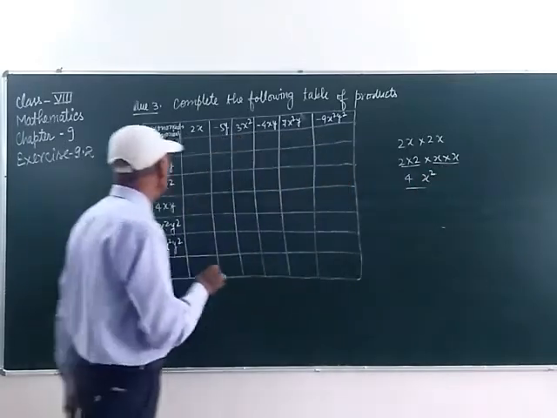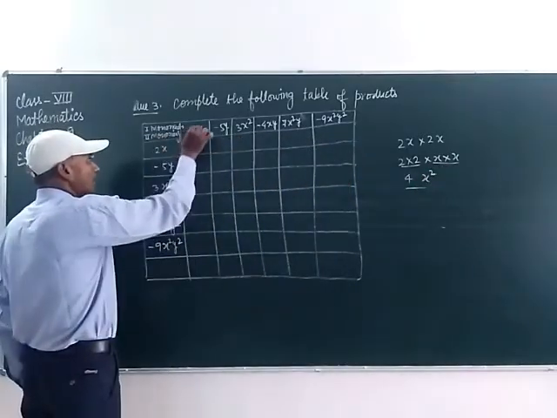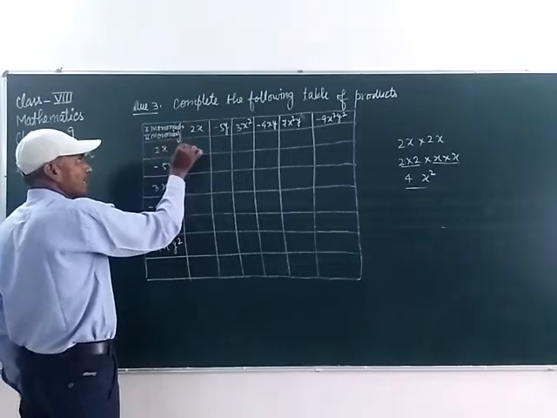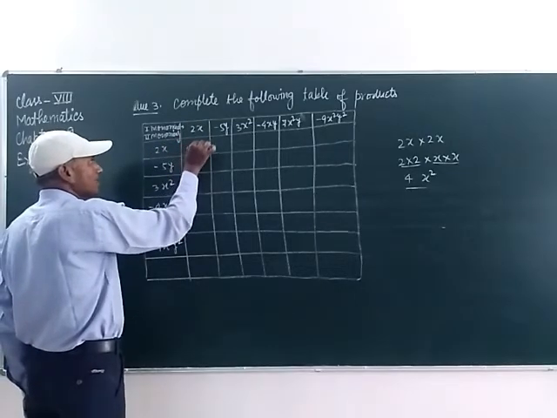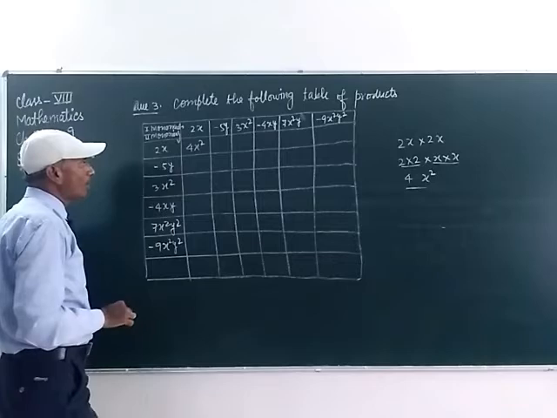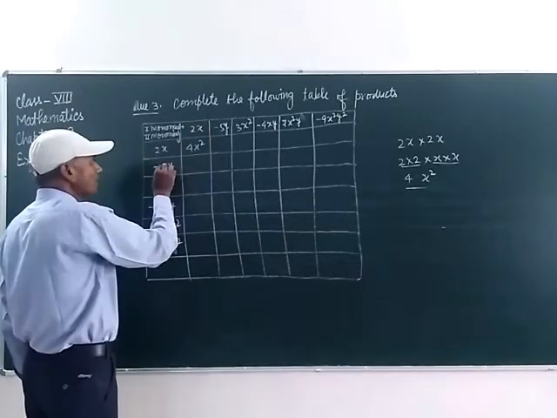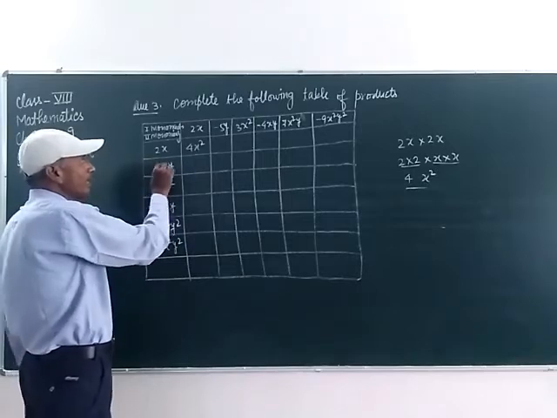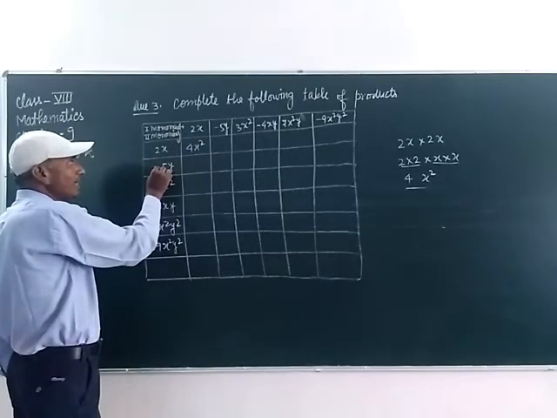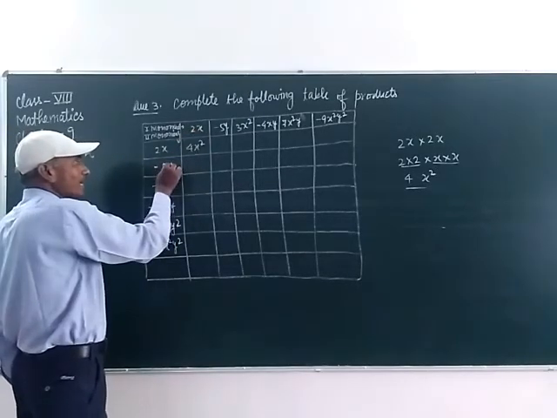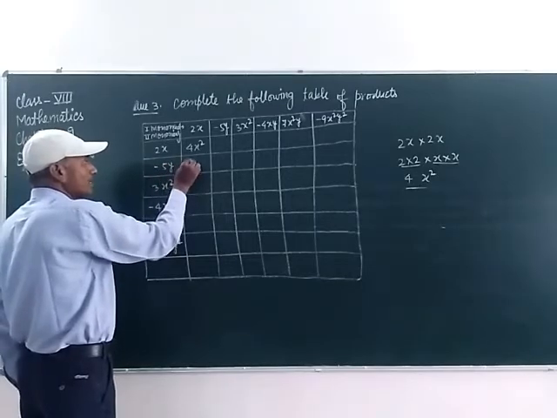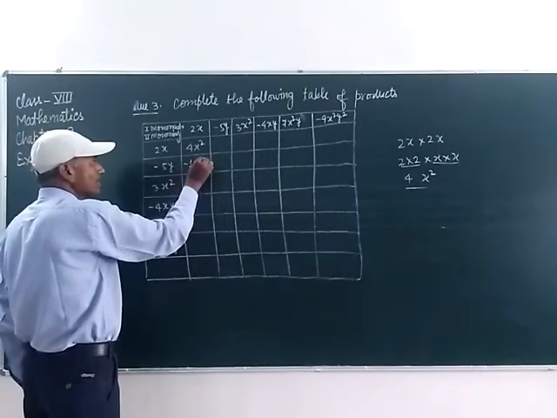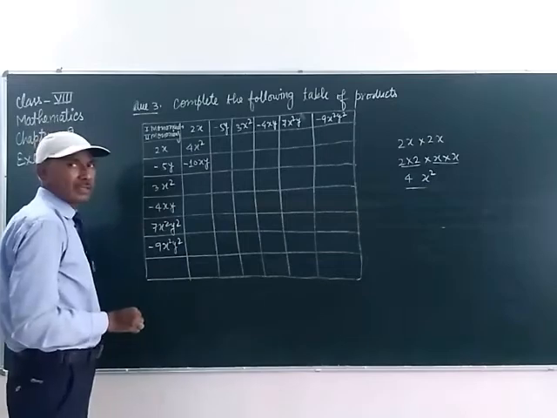So after multiplying the first monomial with the second, it will be 4x square. Now if we multiply this 2x with this minus 5y, student, then 2 times 5 is 10, and x and y, so minus 10xy.